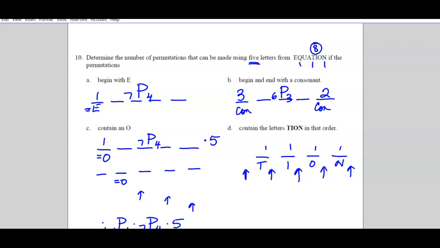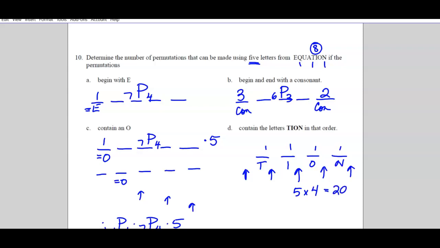For U, 5 options. For A, 5 options. So how many was that? 20. Okay. Everyone get that? So in this case, I'd probably just say, okay, 5 places, and there's 4 letters that can go in there.